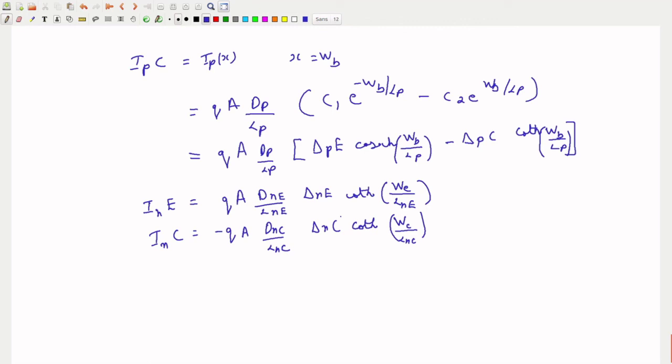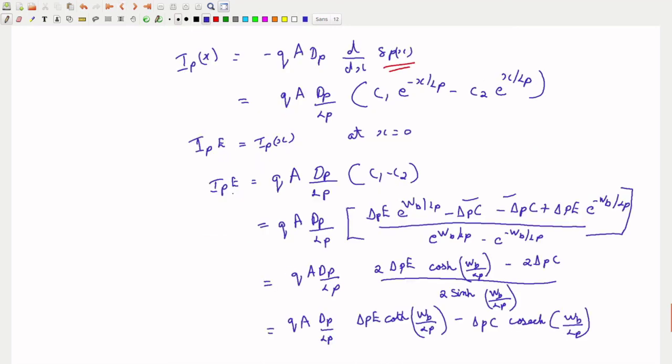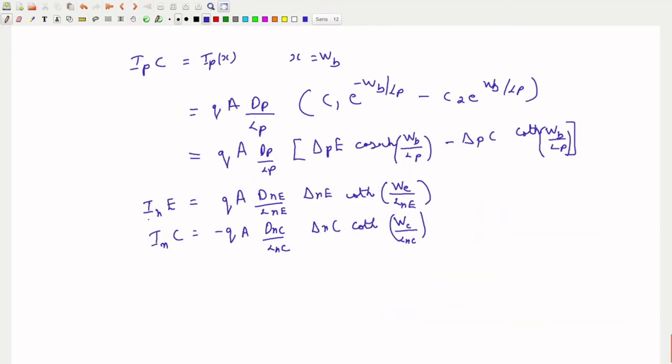Now we will make use of these terms, the IPE equation, this equation, and INE equation to find IE, the total emitter current. IE will be equal to IPE plus INE.